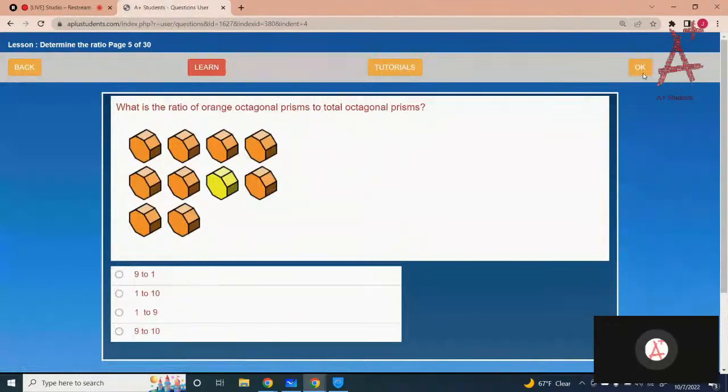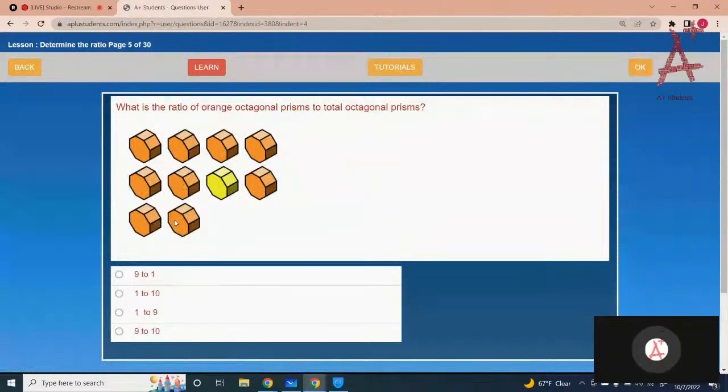What is the ratio of the orange octagonal prisms to the total octagonal prisms? So how many of them are orange? One, two, three, four, five, six, seven, eight, nine.